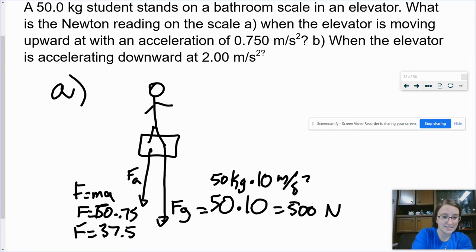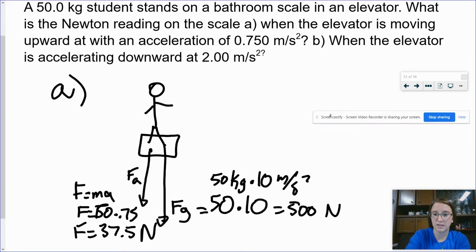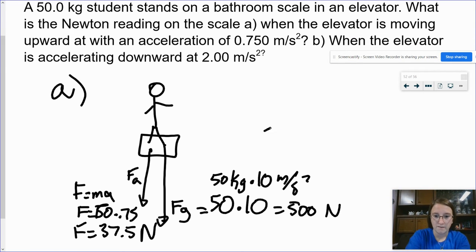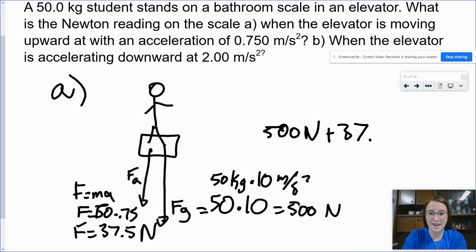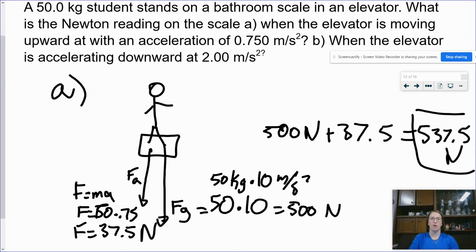So the reading on the scale is actually going to be these two things added together. 500 newtons from just your normal weight in newtons, plus that additional weight it's going to feel from the acceleration of the elevator. The scale will read a little bit more and think you are heavier than you actually are.